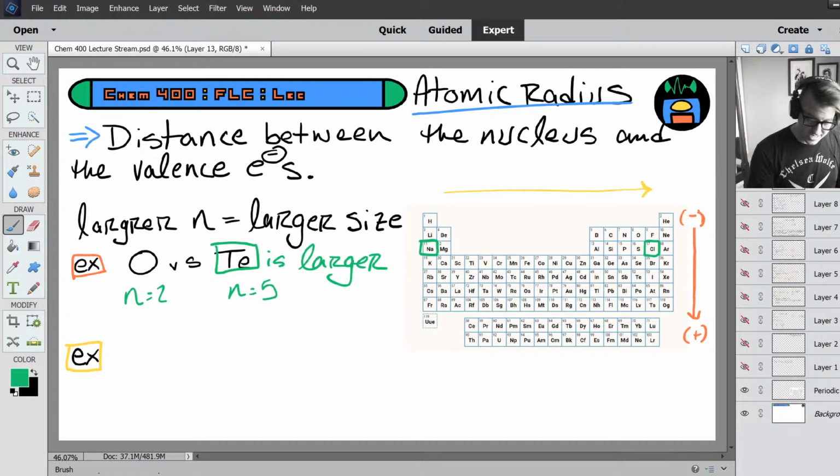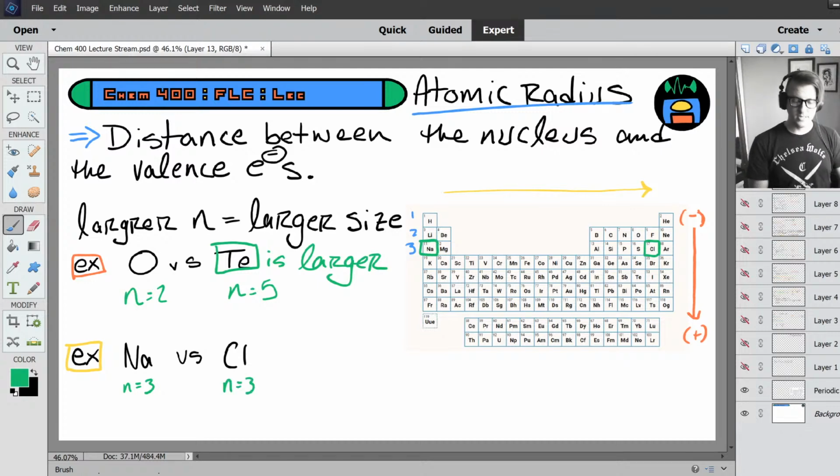And what makes this tricky is you'll notice they're both on the same period. So in the example of sodium versus, not fluorine, chlorine, they both have the same shell. Their valence electrons are on the same shell. So we can't say, oh, one has a larger principal quantum number, so it's a bigger atom. How does it trend as you move from the left to the right?